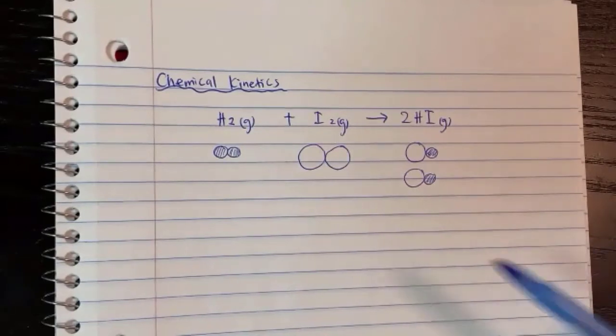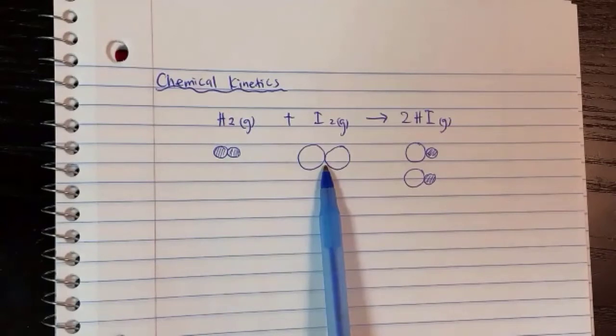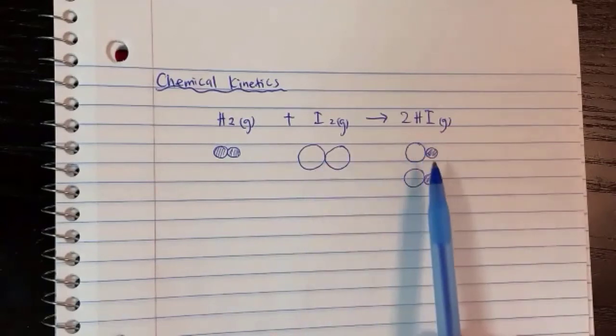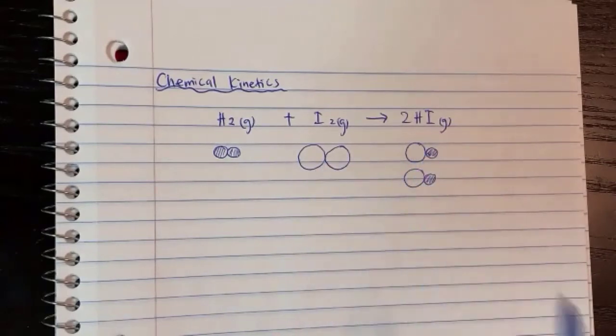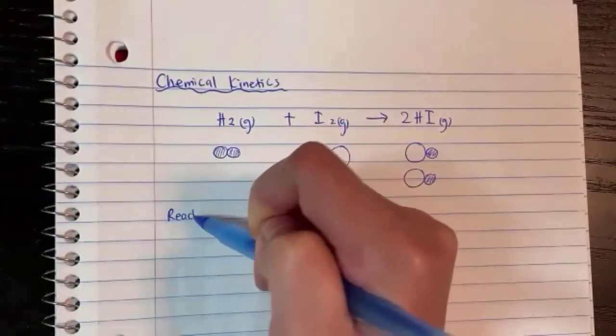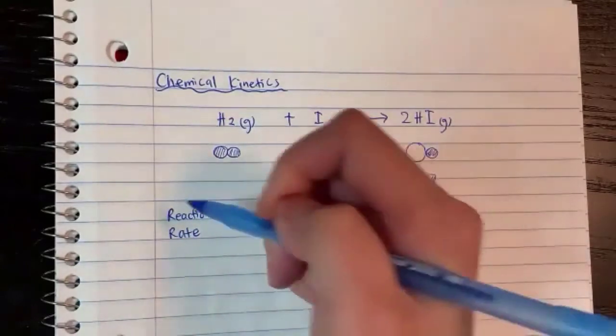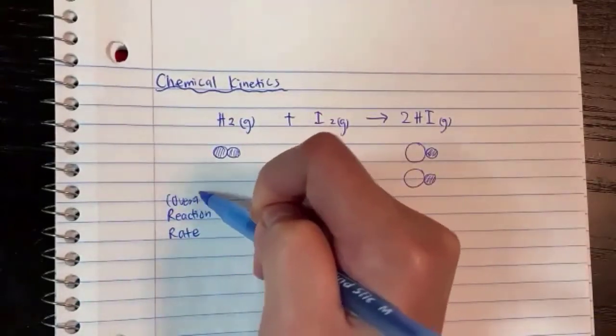Now over time, if you're doing this reaction, H2 and I2 will go down in concentration. HI will go up in concentration. So if I wanted to write the rate formula, the reaction rate for this chemical equation, this is the overall reaction rate.